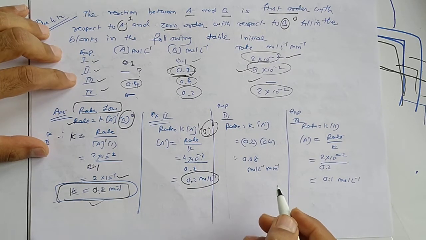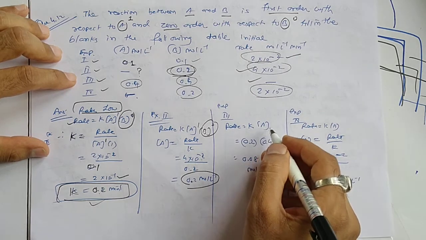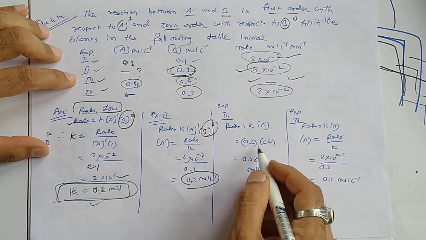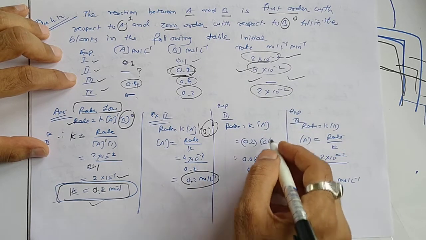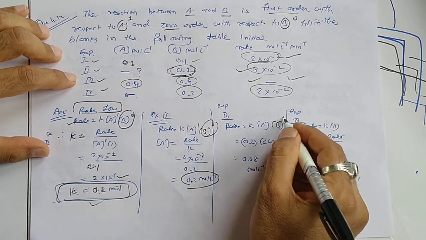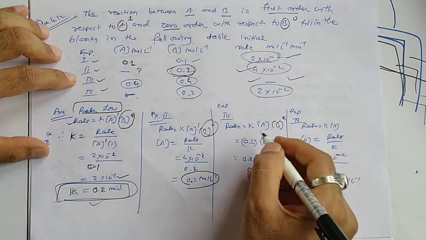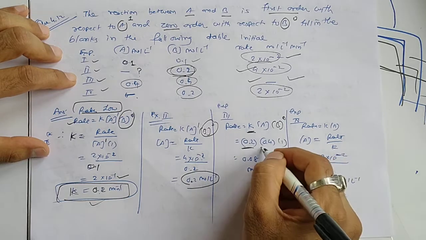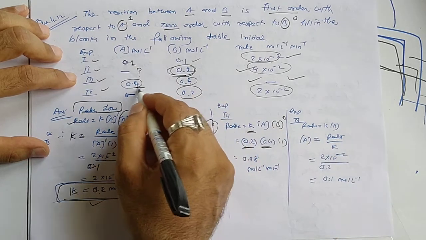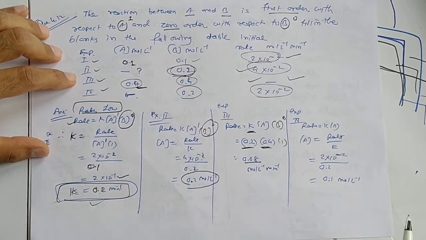Now in the third experiment, rate equals k[A], and we have to derive the rate. The concentrations of A and B are given. Here [B]^0 means 1. k is 0.2, [A] is 0.4. So the rate is 0.08.